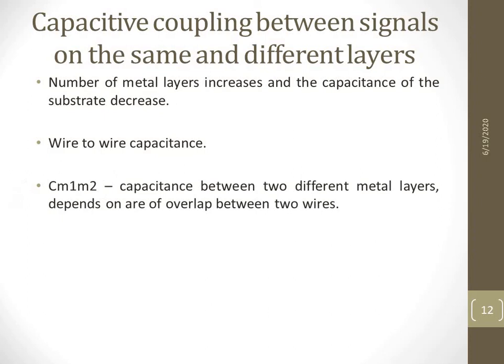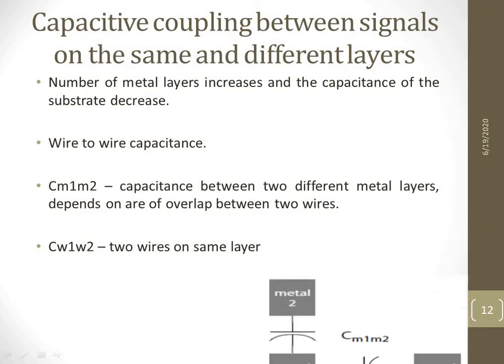The wire-to-wire capacitance, CM1M2, is the capacitance between two different metal layers, M1 being one metal layer and M2 the other. The capacitance between two metal layers depends on the area of overlap between two wires. See W1 and W2, two different wires: wire 1 is W1, wire 2 is W2. This capacitance is between two wires on the same layer.